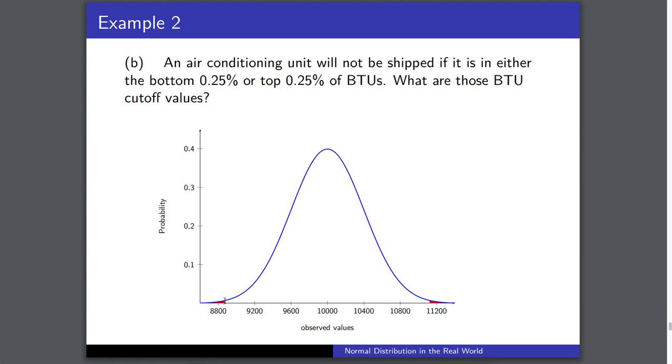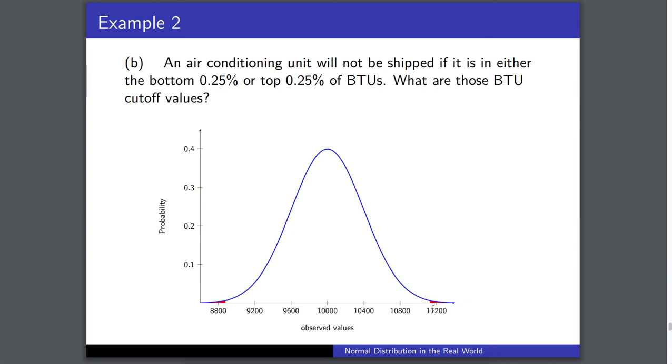If a value is in this red region, it's too low of a BTU to really be effective. If it's above, it might be too effective, maybe costing the customer more money in energy use. So we're not going to ship out and sell any that are in these rejection regions. We want to know how many BTUs something has to have before it gets rejected.